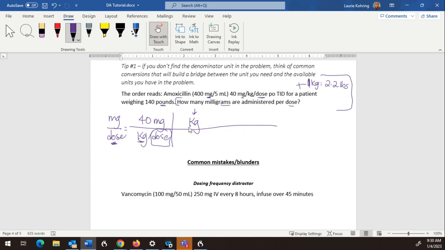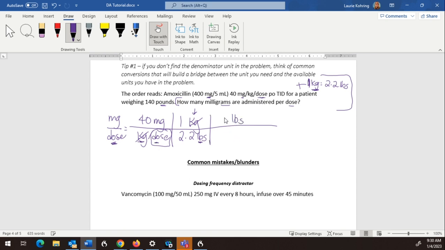So now I kind of go back like, oh, I need kilograms. Where is that kilogram? So I don't see it here, but oh, wait, it's right there. So I'll put 1 here, and the baggage it comes with is 2.2 pounds. So I'm going to bring that with it. That allows me to cancel my kilograms out, but now I'm left with pounds and I need dose. So I have dose over here, so I need to still get rid of my pounds.